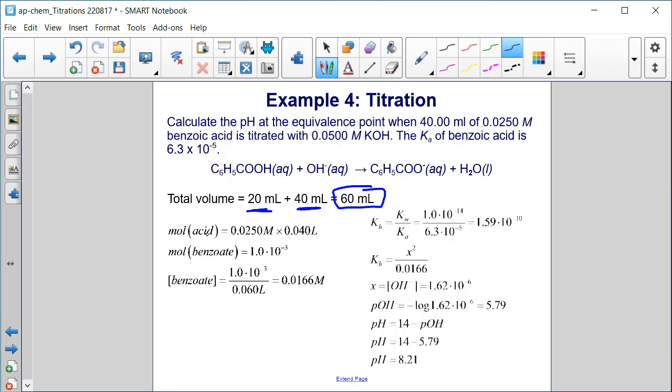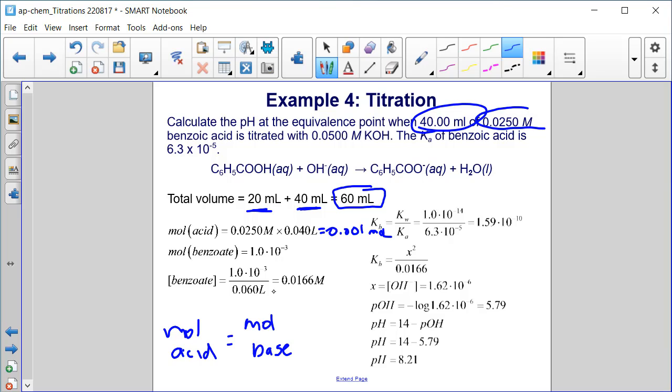So the moles of acid is the concentration of the acid, 0.0250 molar benzoic acid, times the 40 milliliters that we started with. When I did this calculation, I got 0.001 moles. Now, remember that at the equivalence point, moles of acid is equal to moles of base.